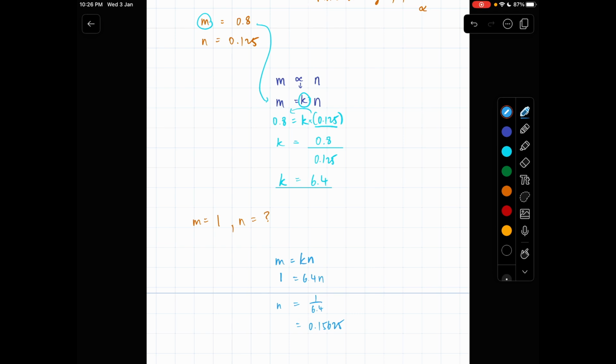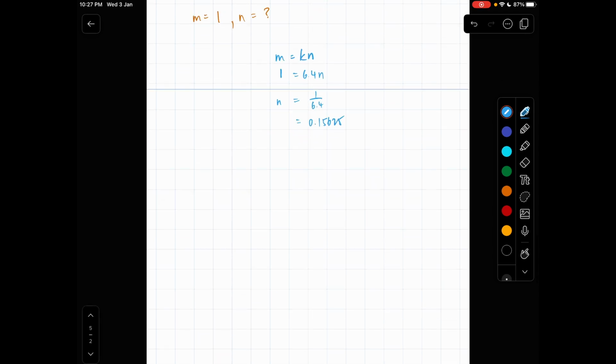In relation to this, there's also another concept of joint variation. Don't worry, joint variation looks like it's going to be a lot of things. Nah, it's not. Joint variation is just, when A increases, B increases is direct variation.